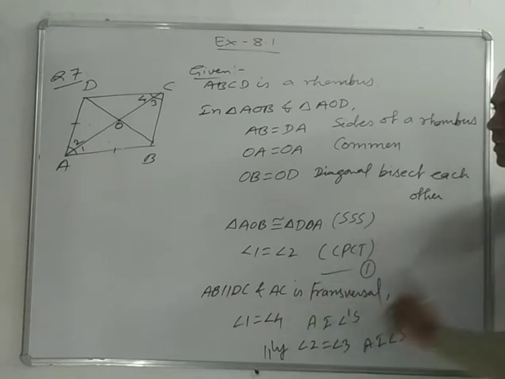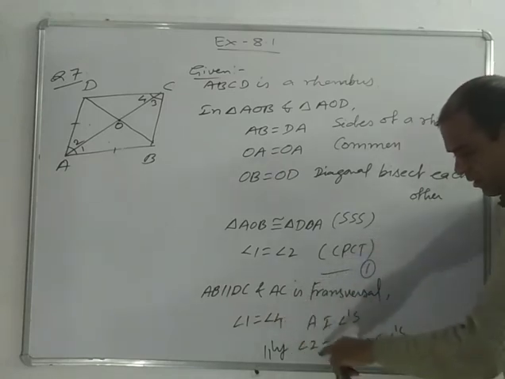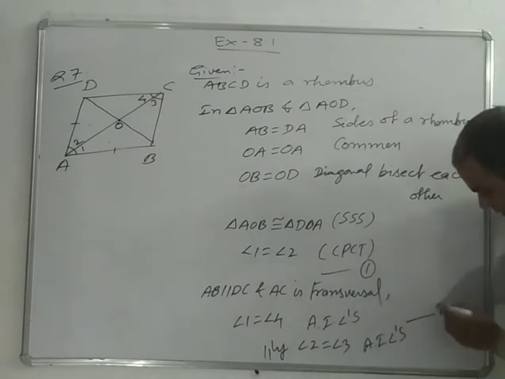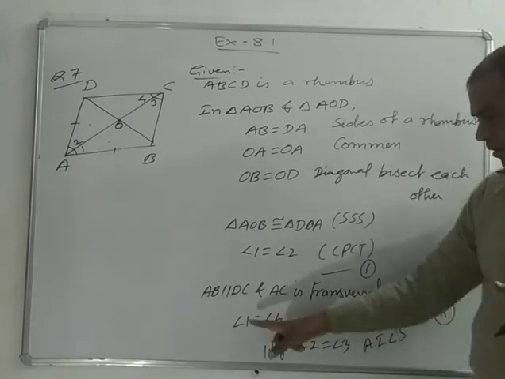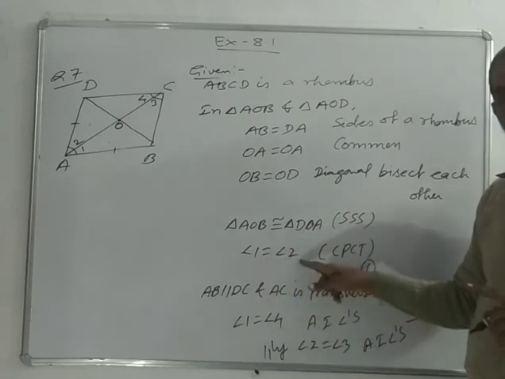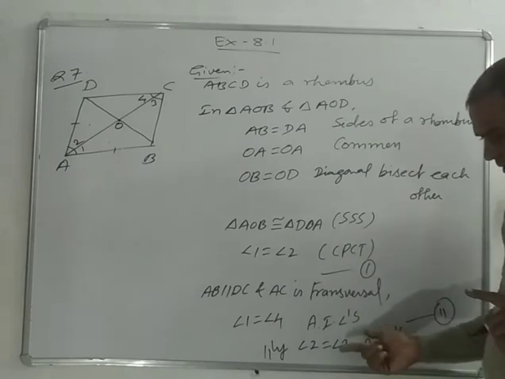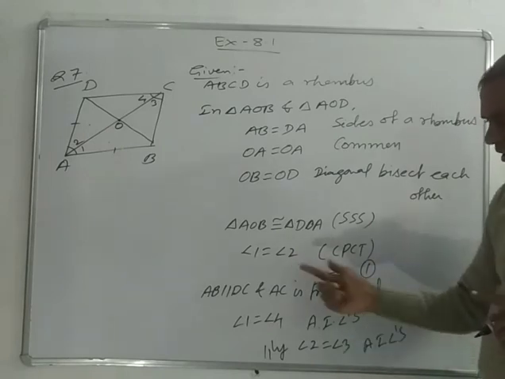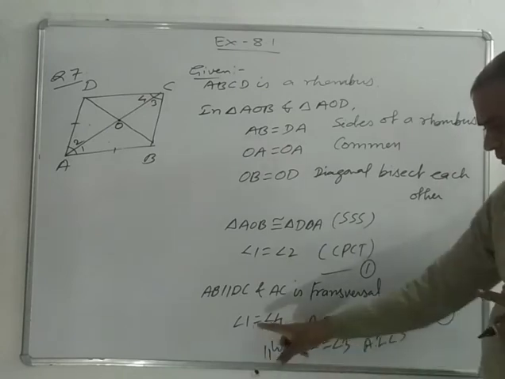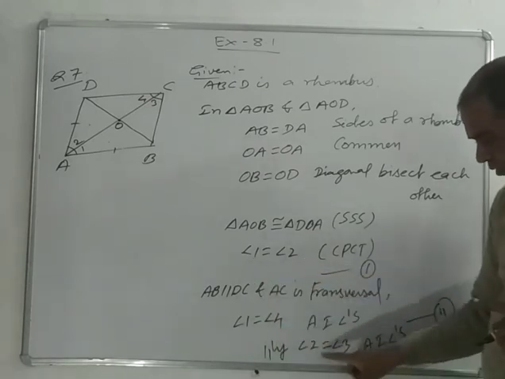So angle 1 and 2, we are taking as equation second. Put the value of angles 1 and 2 in equation first. So from equations first and second, angle 1 value 4 and angle 2 value 3.